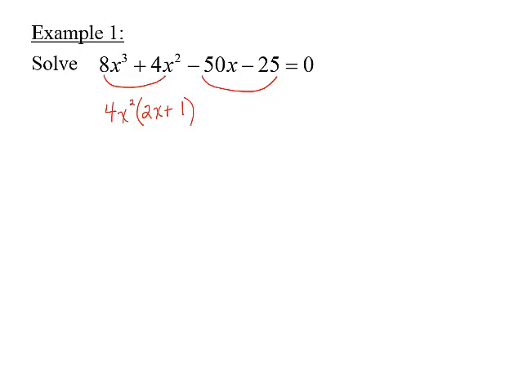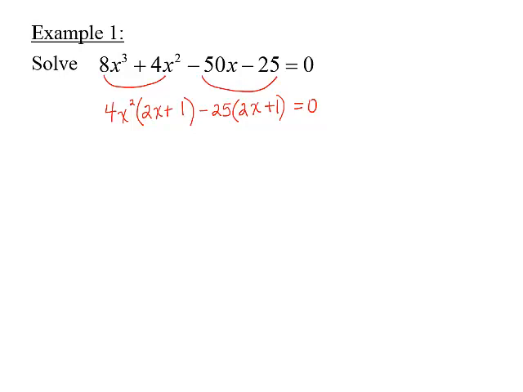And then we have a minus 50x minus 25. The common factor there is 25, but because of the negative sign separating this middle term, we need to factor out a negative 25. Negative 25 into negative 50x is 2x. Negative 25 into negative 25 is plus 1 equals 0.